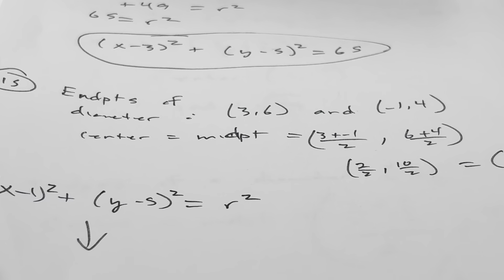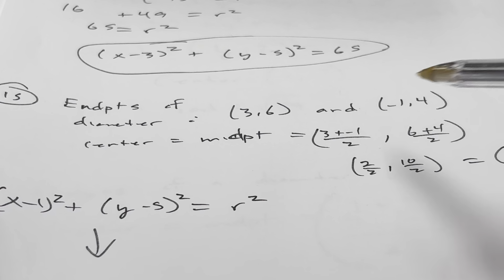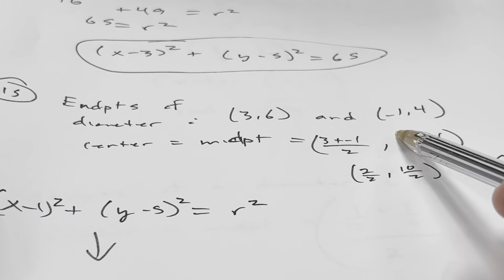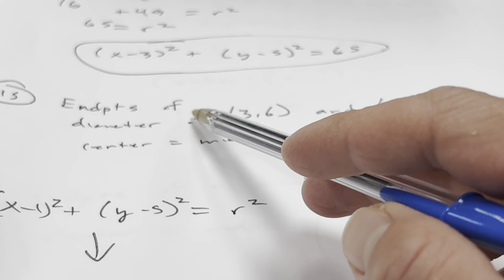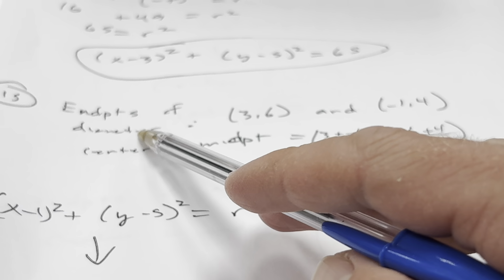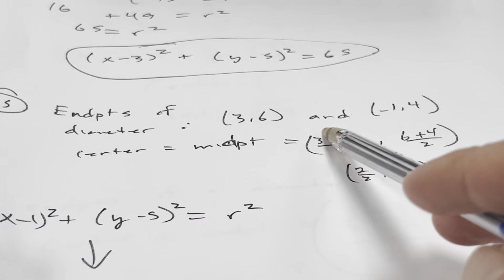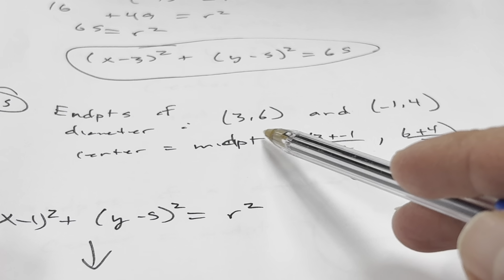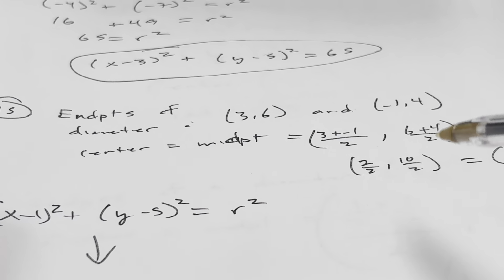Look at this one. Endpoints of diameter at 3, 6 and negative 1, 4. So the question is, find the equation of the circle with endpoints of a diameter at 3, 6 and negative 1, 4. So if you have endpoints of a diameter, that means the midpoint would be the center, right?